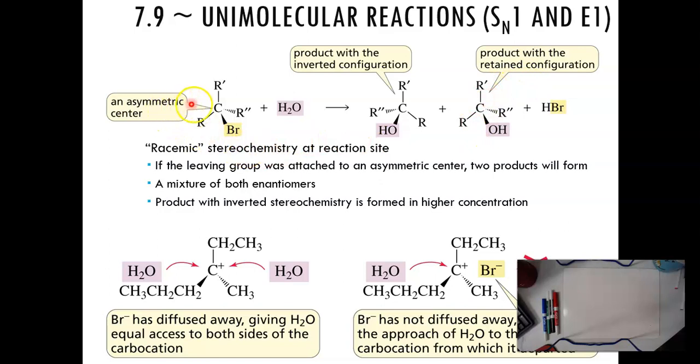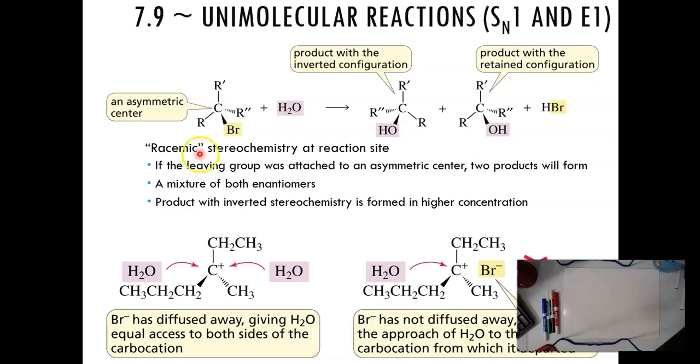Or it can attack from the back side, and that's when we end up with the opposite stereochemistry, and this is called inverted stereochemistry. And we're going to get a mixture of these two, because both sides are available to bond, and so we can say that it is mostly racemic or nearly racemic.